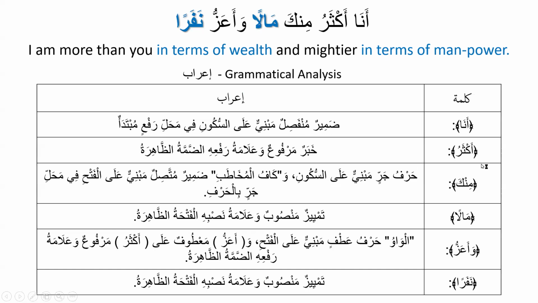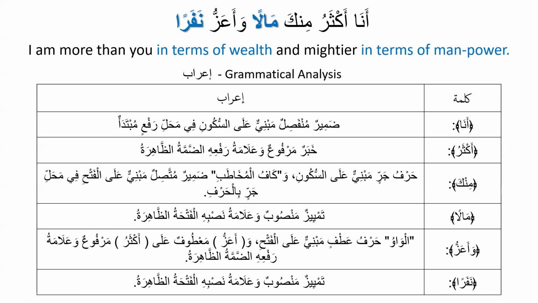Then we have aksaru. It's khabar. I am more than you. This is the khabar for Ana. And aksaru khabrun marfoon wa alamatu rafihi dhamma zahira, because it's showing the rafa here. Then we have: I'm more than you in terms of wealth.